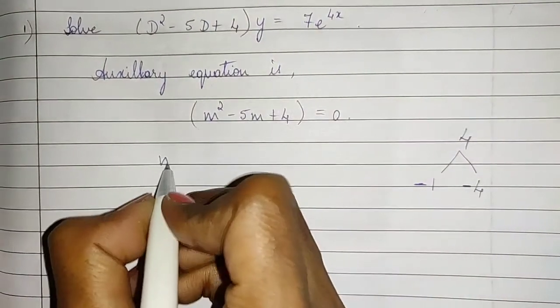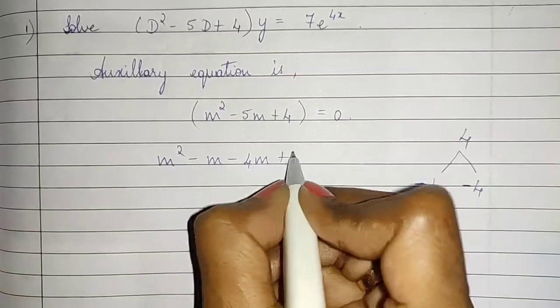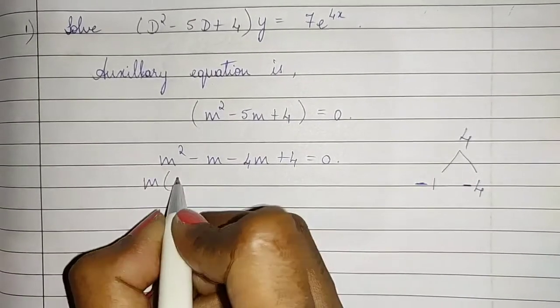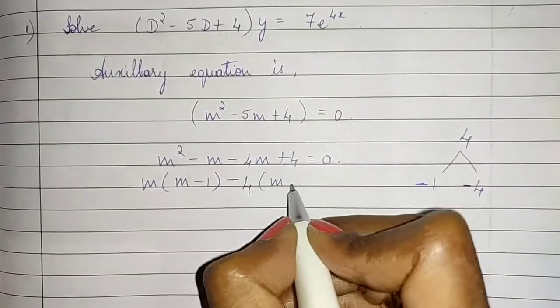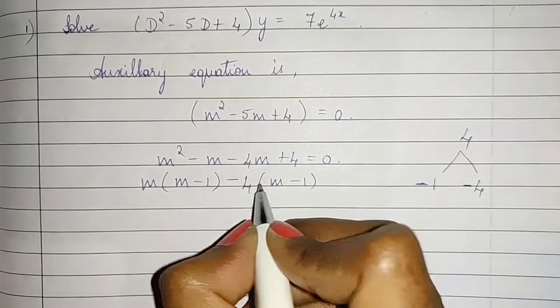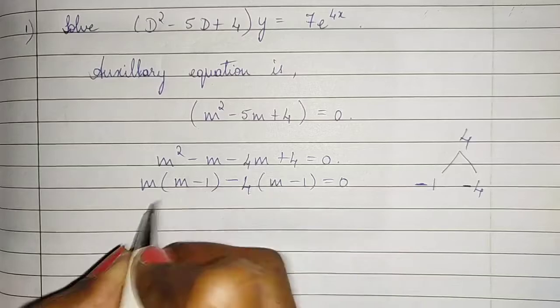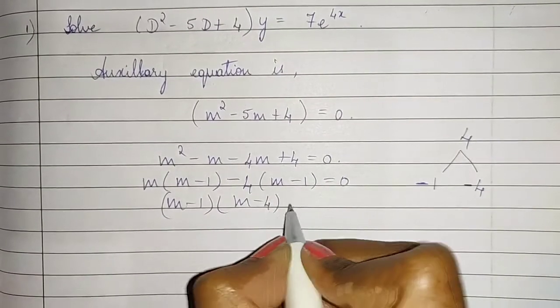So we can write this as m square minus m minus 4m plus 4 is equal to 0. Taking m common outside, we have m minus 1. Taking 4 common outside, we have m minus 1, since minus into minus becomes plus. Taking m minus 1 common outside, what remains is m minus 4.